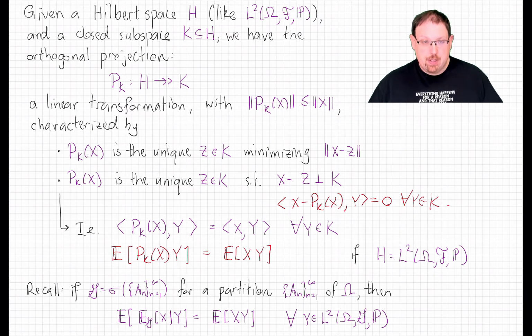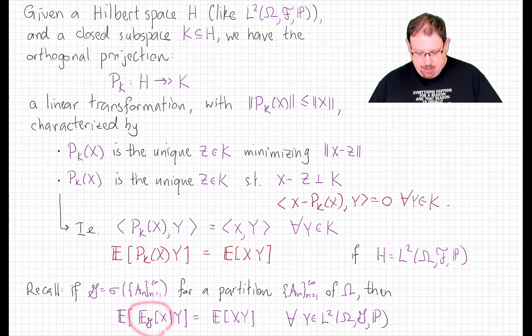Now that should look familiar. In lecture 30.2, we showed that with our fledgling definition of conditional expectation, so far only making sense when we have a partition of the underlying sigma field, the conditional expectation onto that partition sigma field of x satisfies this condition here, which is exactly the same condition we have here, except in this case, the y's that we are allowed to integrate against are those L2 random variables which are measurable with respect to the smaller sigma field generated by that partition.